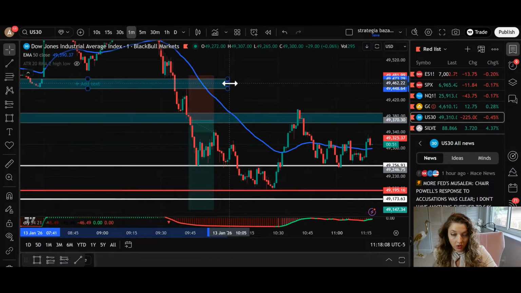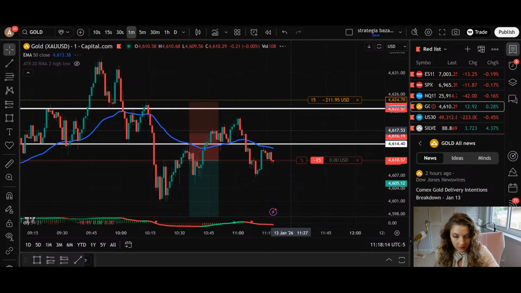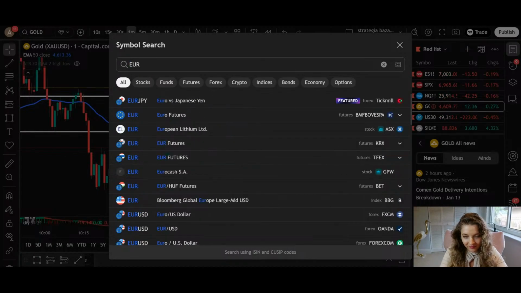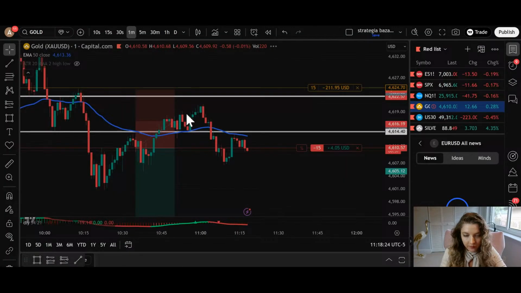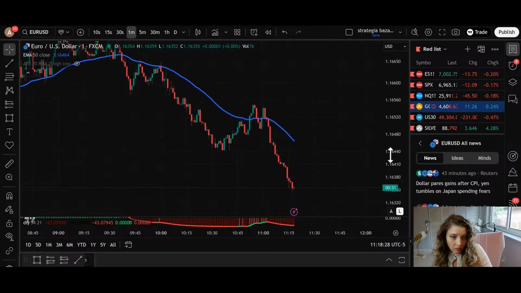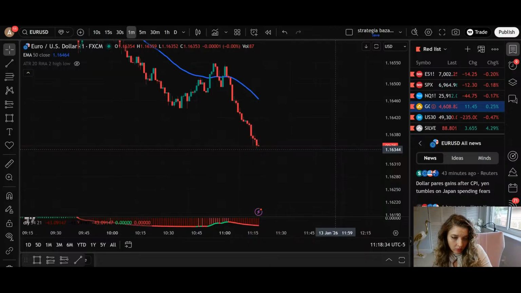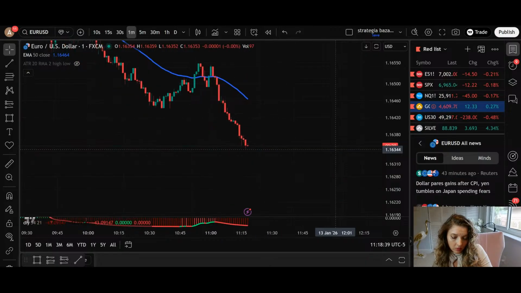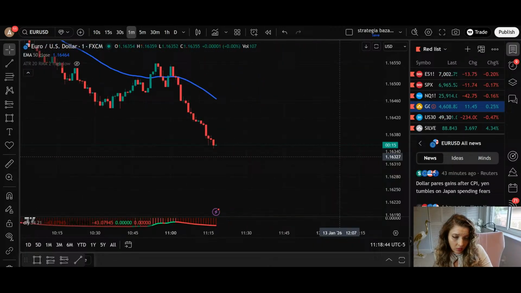You are in a buy on Euro USD. Do you want to look at it together? Yes, you want. You want on a buy? When did you enter? 1.1629.